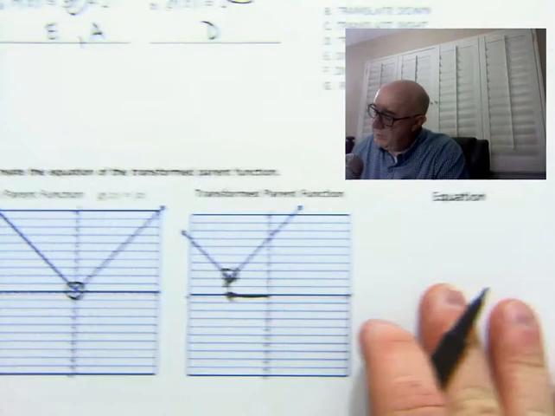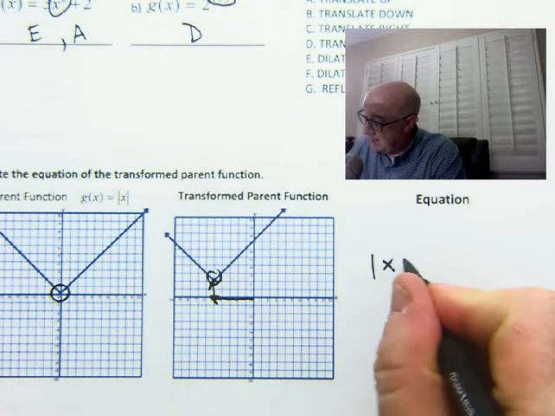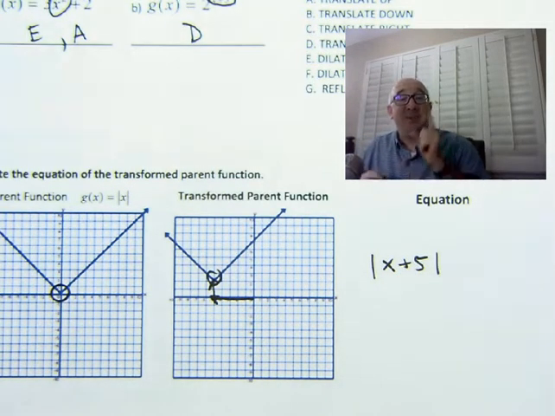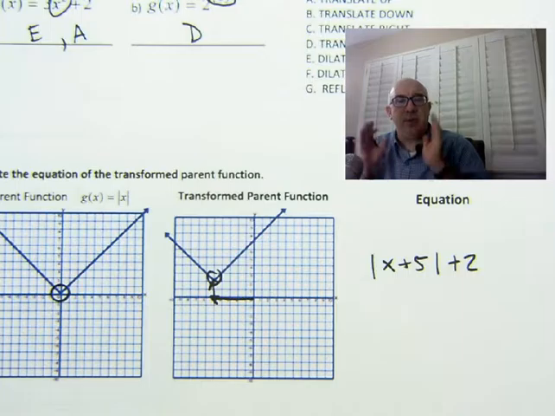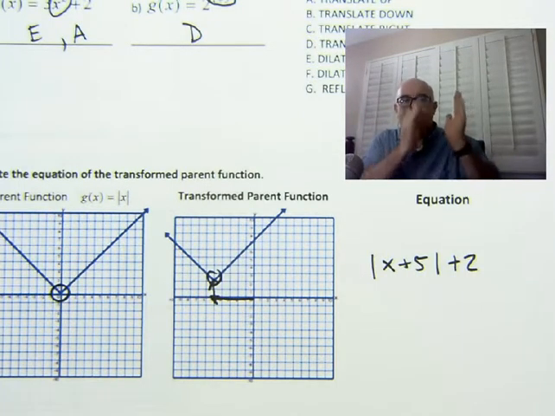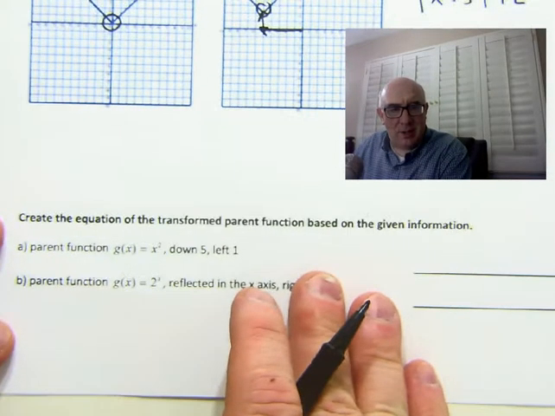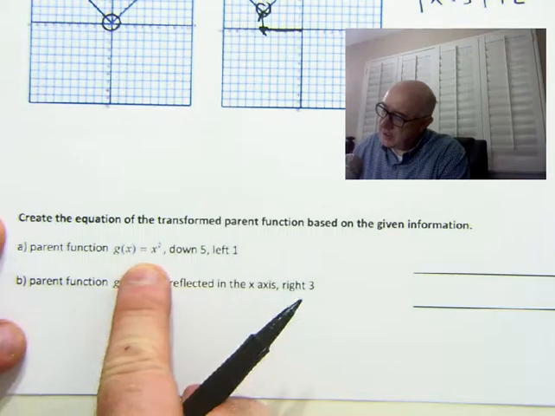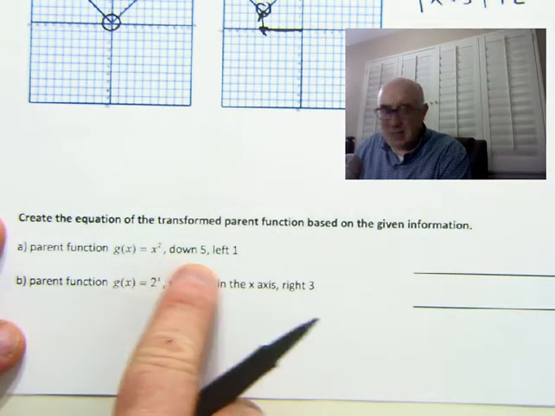So if I want to move it 5 to the left, it would be in the brackets. Notice I put plus 5 because that's that way. And then I need to go up 2, and so that would be my equation, because I take my original parent and I adjust it 5 left and up 2. Here we're just writing down the new relationship, kind of like the last one, but from verbal here. So we want to go down and left.